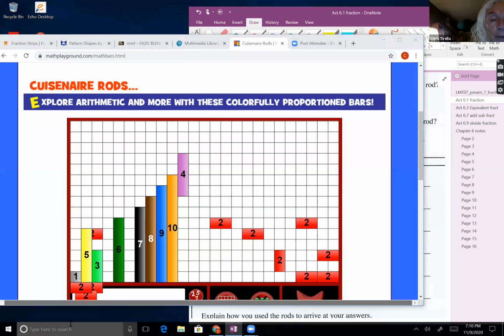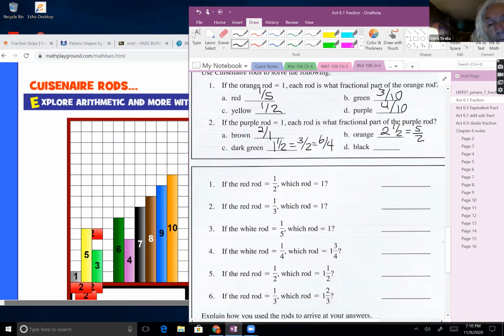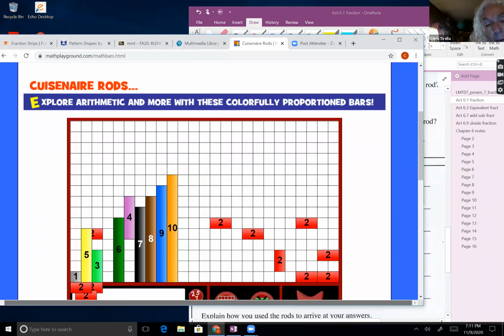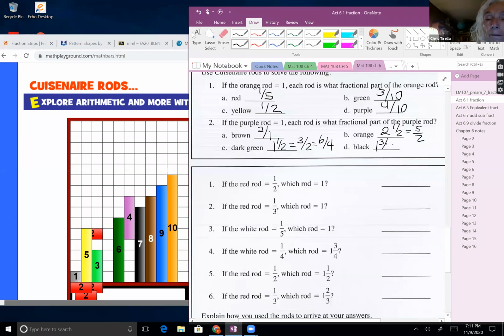And then how about if I were to compare the purple to the black? It's more than 1. Wouldn't it be 1 3/4 or 7/4? What are you folks thinking?